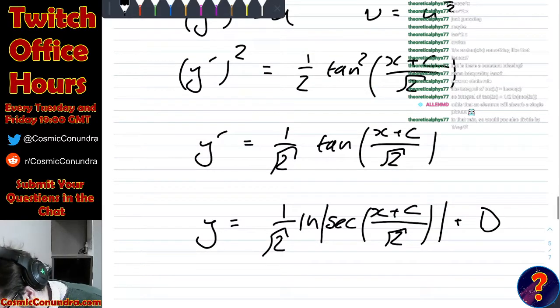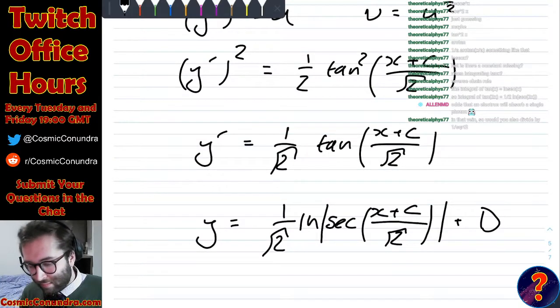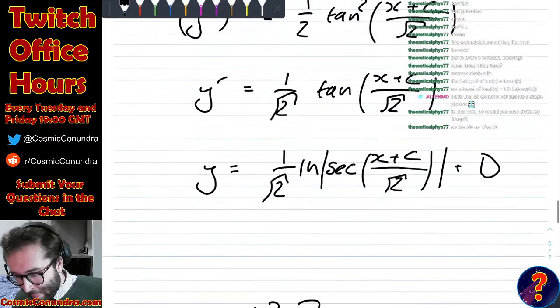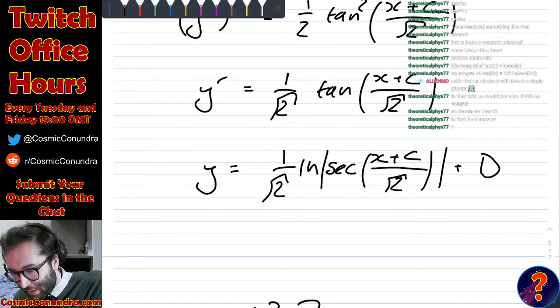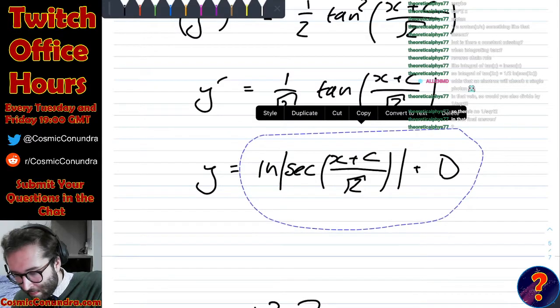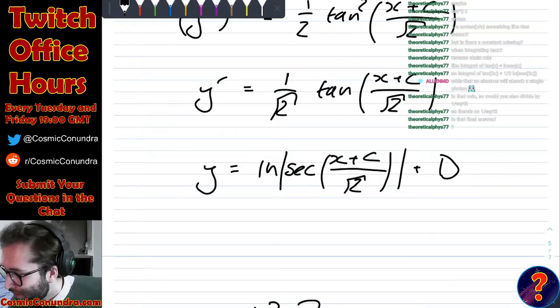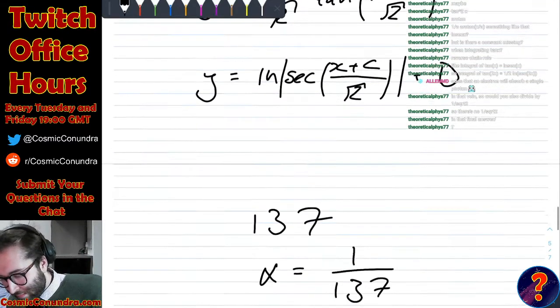Maybe we should. Yeah, I guess you should actually. I suppose you will get an extra 1 over root 2 out from doing the chain rule here, won't you? So I suppose we should get rid of the log of that here. Ah, I see what you mean now. Yeah, I think that's correct. Yeah, thank you. Okay.